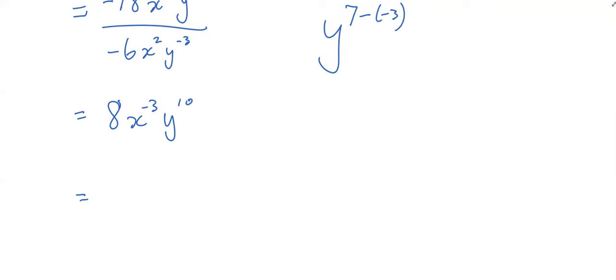Oh, there's something missing in this example, and it's an x. That's weird. 14x squared over 6p squared all to the negative 2.